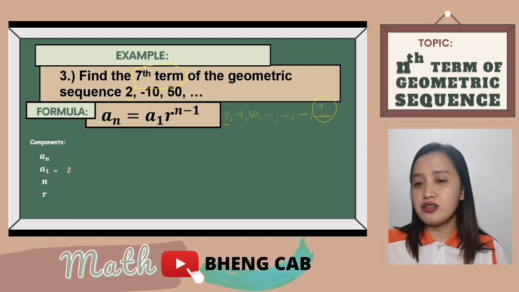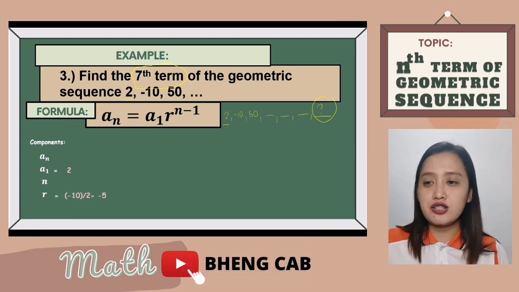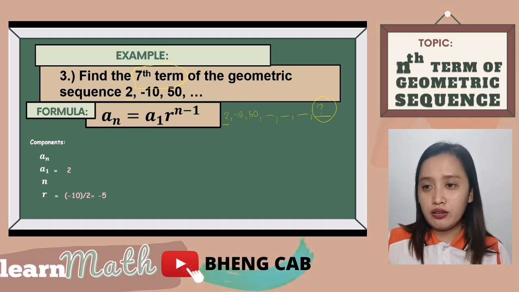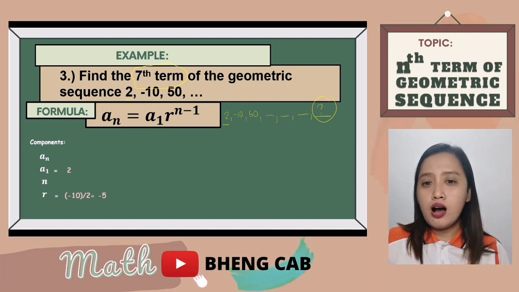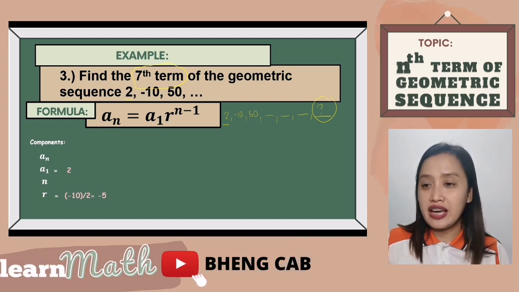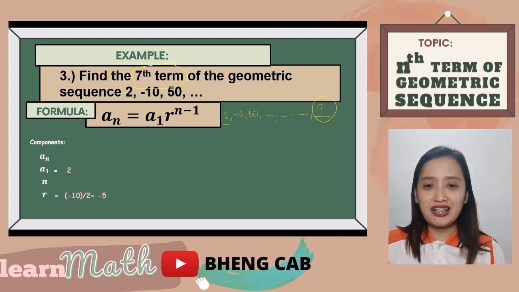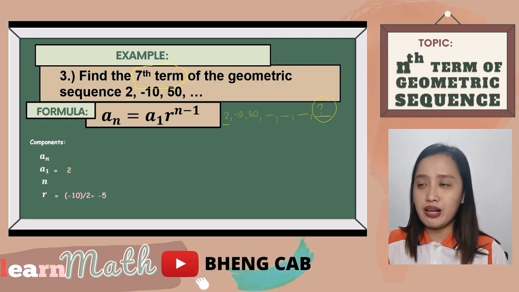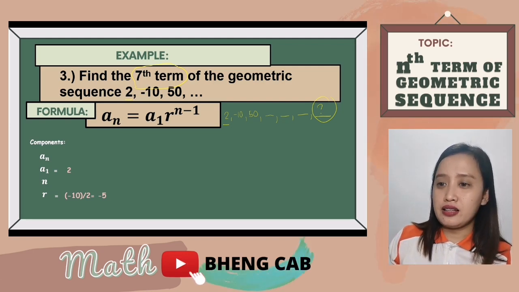Secondly is our ratio, or common ratio, negative 10 divided by 2. So, as you can see, naglagay na ako dito ng parenthesis just to indicate na meron tayong change of sign here na negative. So, gusto ko lang protektahan na or magbigyan ng emphasis na negative yung sign na meron tayo para sa ating dividend.